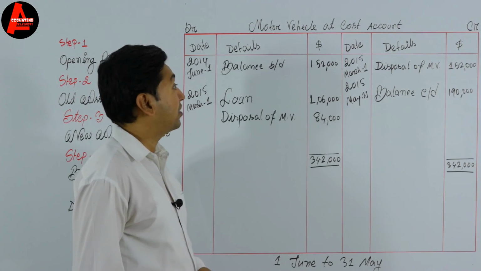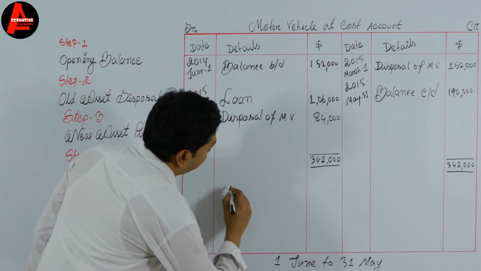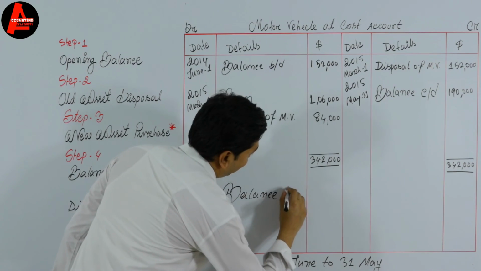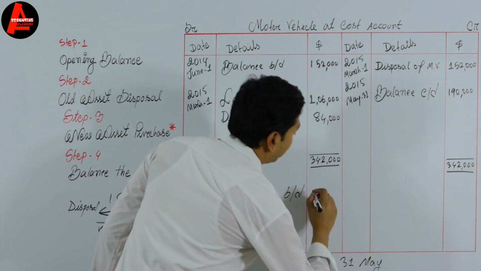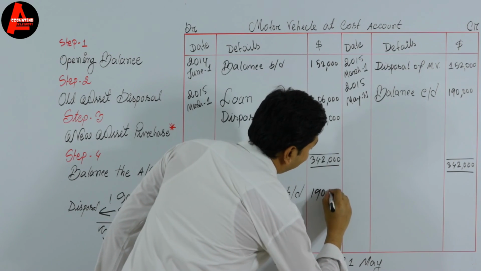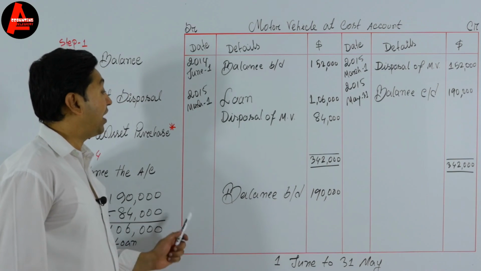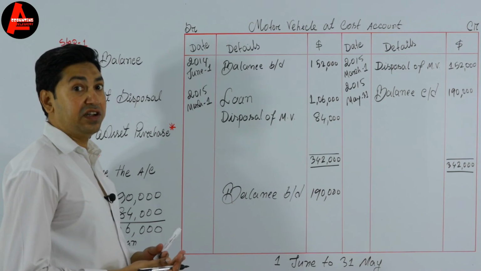Now we need to bring down the balance. How to bring it down? Come to the opposite side, here on the debit side, right below the total. Balance BD means brought down. How much? The same amount, $190,000. So what will be the date for balance BD? It will be the first day of the next financial year.